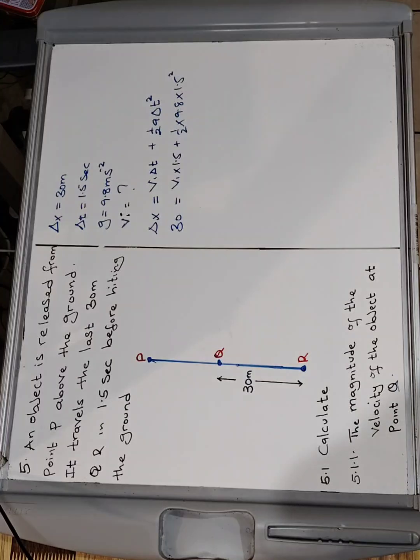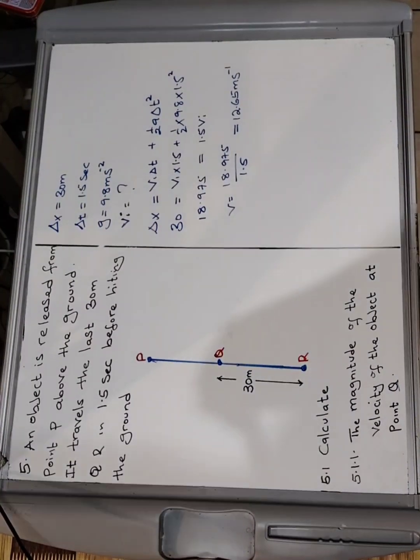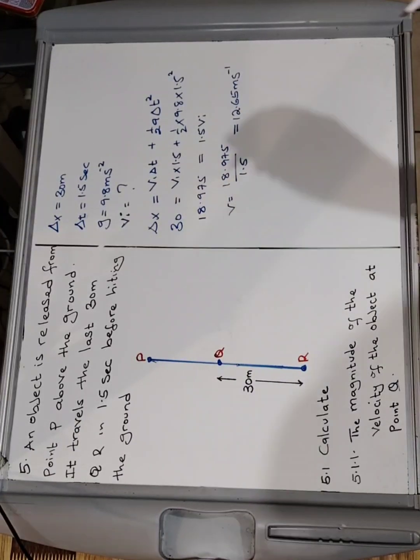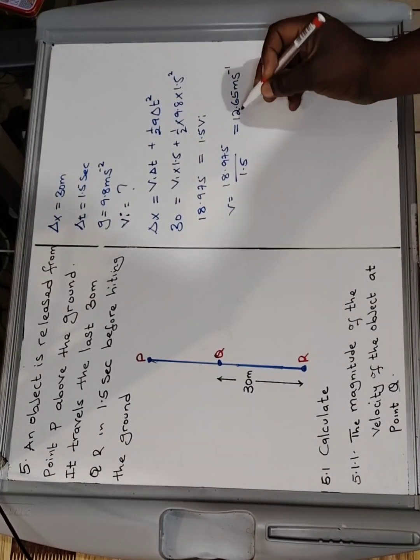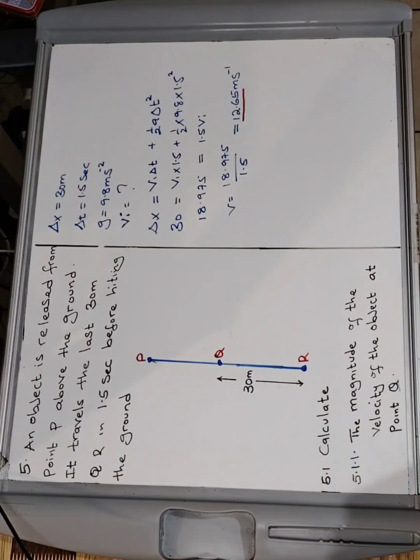So let us look at that. When you rearrange, this is what we get. We get our initial velocity, or the velocity at Q, as 12.65 meters per second. Okay. So let us look at the next question.